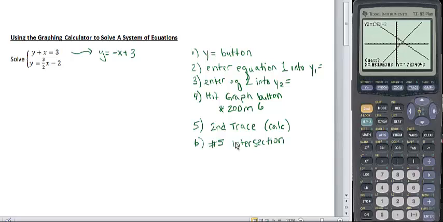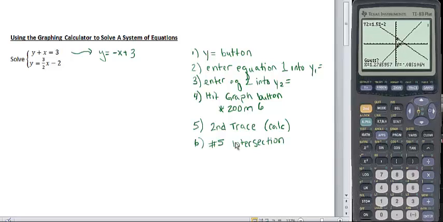And then I'm going to arrow over. It's asking me for a guess. I want to get to that guess, that estimation of where my intersection is, and I'm going to hit enter again. This tells me my intersection is at 2, 1. So a couple of things. What we did here for step 7 was we hit enter three times.